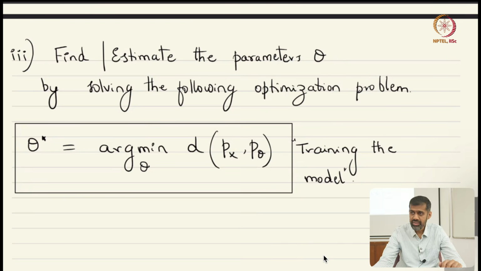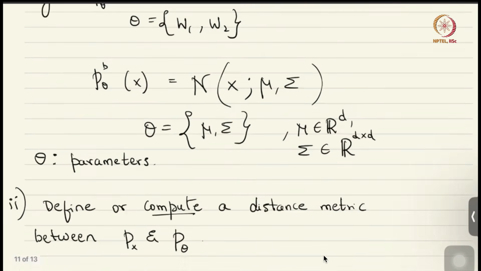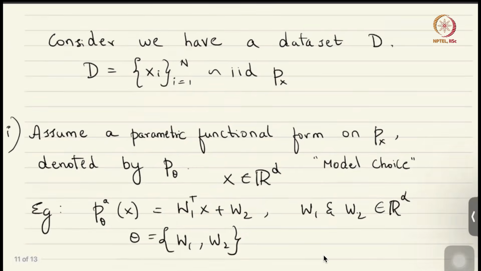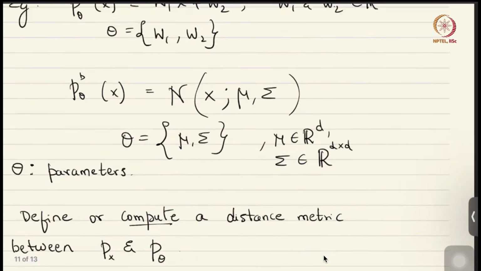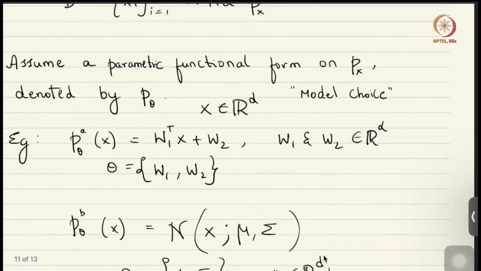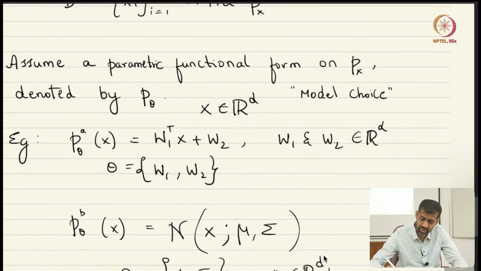I also gave you a recipe of how this is done. So there was a 3-step recipe that you start by assuming a parametric functional form on the distribution that you want to estimate. Okay, and there was a slight mistake last time, one of you actually noticed it. See, here there is a dimensionality mismatch.